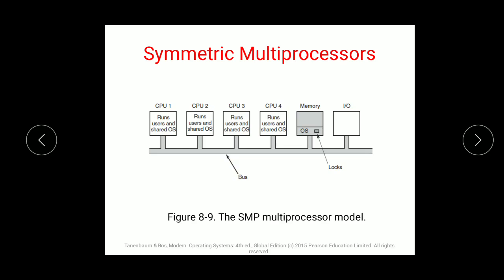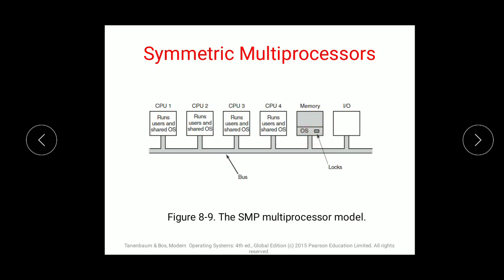It is necessary to protect the operating system code from being accessed by more than one CPU simultaneously. So they try to protect the operating system from two CPUs accessing it simultaneously. This problem can be solved by making the whole OS code one critical region. So they have made one critical region for the whole OS in memory.